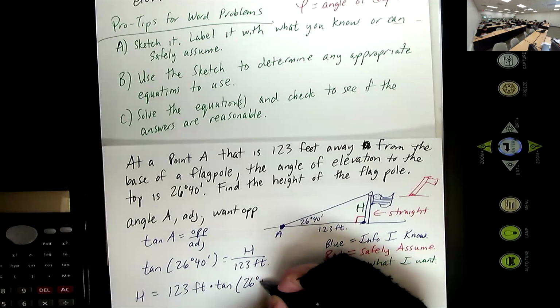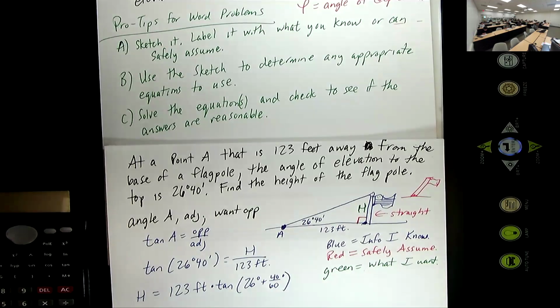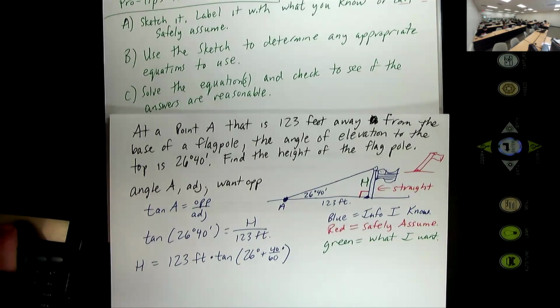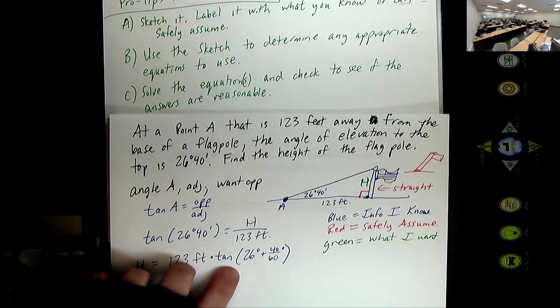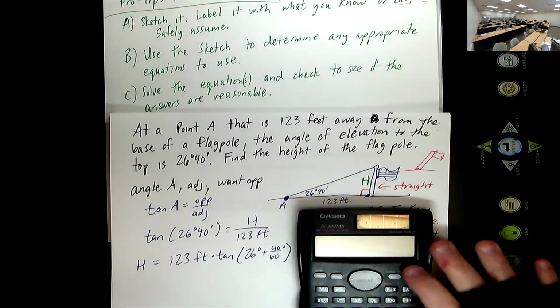I'm going to write it like this because I don't know how to enter 40 minutes in my calculator. I know there's a degree-minute-second function on my calculator, but I never learned how to use it. It seems like a pain to me. But if your calculator has parentheses, you can type it in.